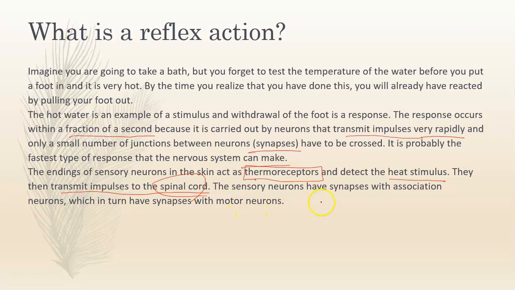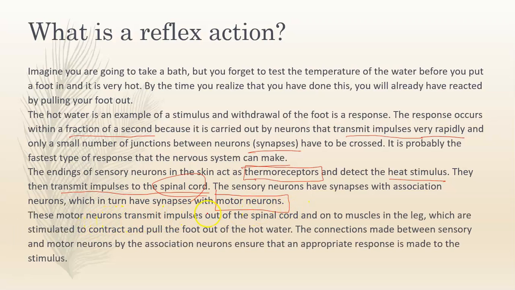The sensory neurons have synapses with the association neurons, which in turn have synapses with motor neurons. We will see this in the next slide, which starts from the receptors, then the sensory neurons, then the spinal cord, and then the motor neurons.